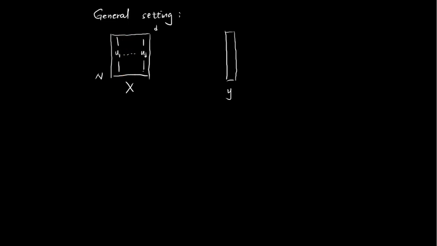And so now we are trying to find C0, C1, C2, up to CD, so that C1 times the first feature, C2 times the second feature, the weighted average of these features plus C0, is pretty close to Y.